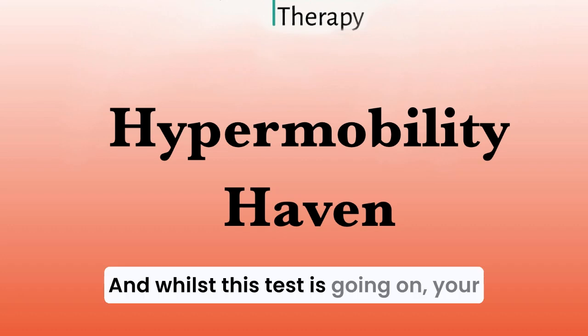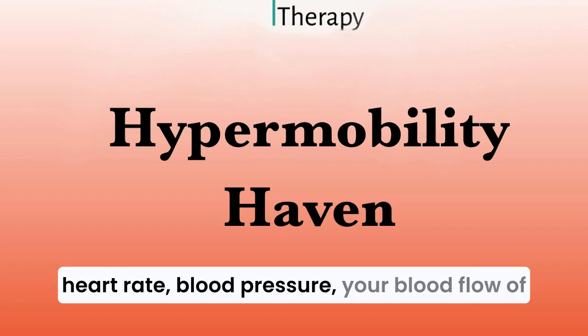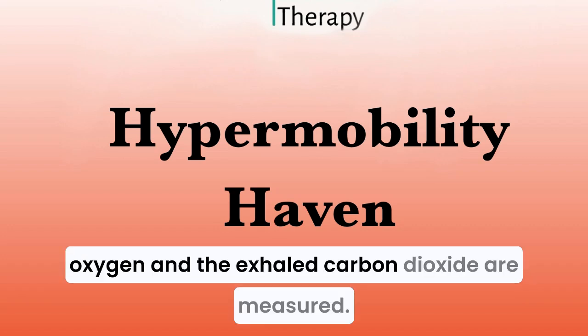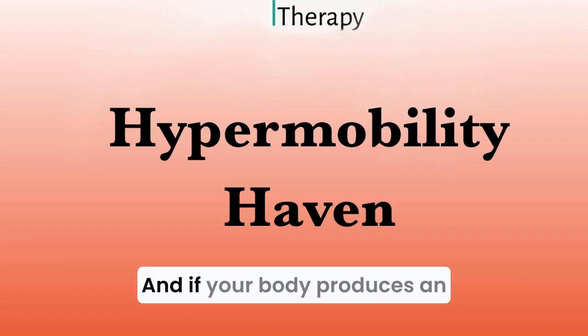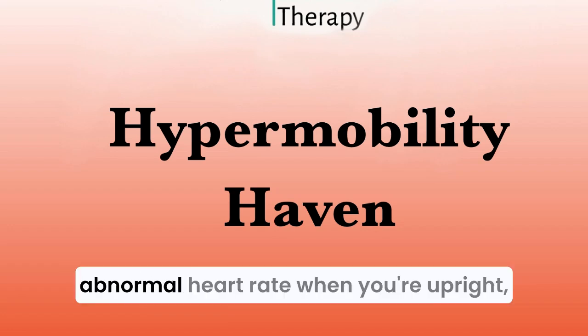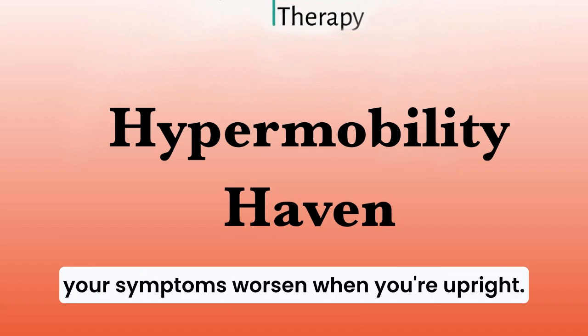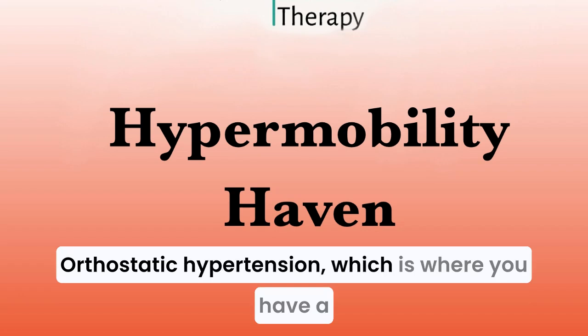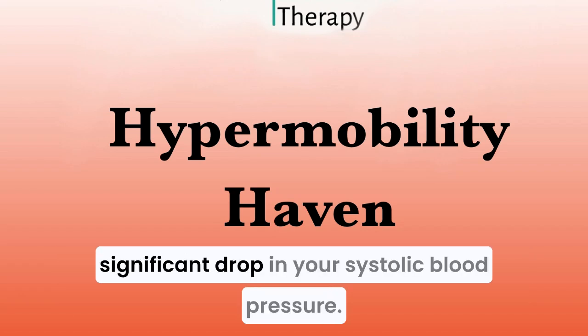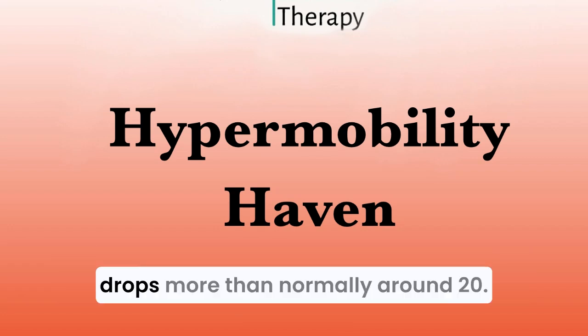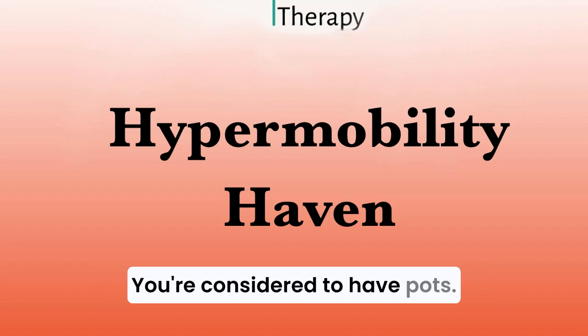Whilst this is going on, your heart rate, blood pressure, blood flow of oxygen and exhaled carbon dioxide are measured. If your body produces an abnormal heart rate when you're upright, your symptoms worsen when you're upright, or you have orthostatic hypotension, which is a significant drop in your systolic blood pressure, so the top number drops by more than around 20, you're considered to have POTS.